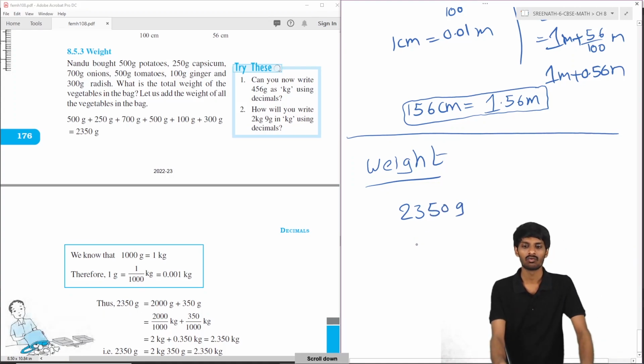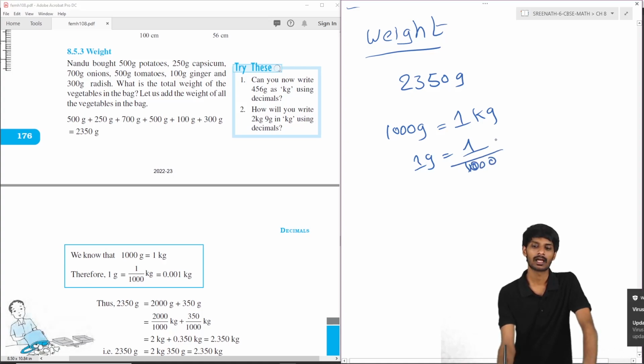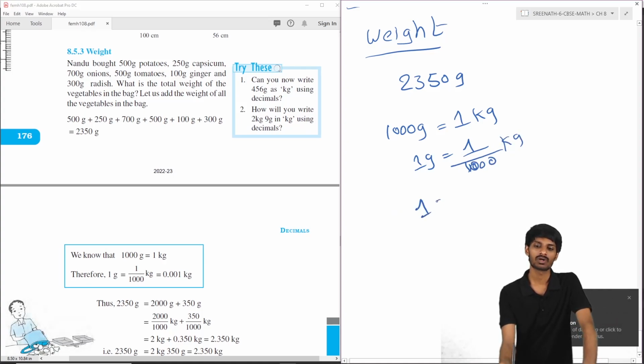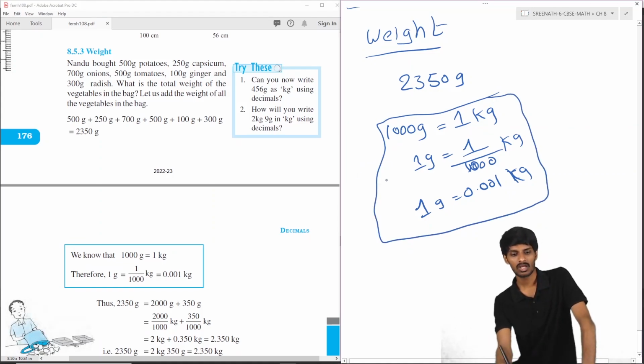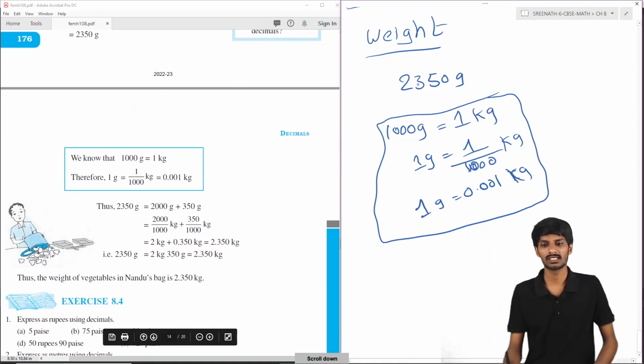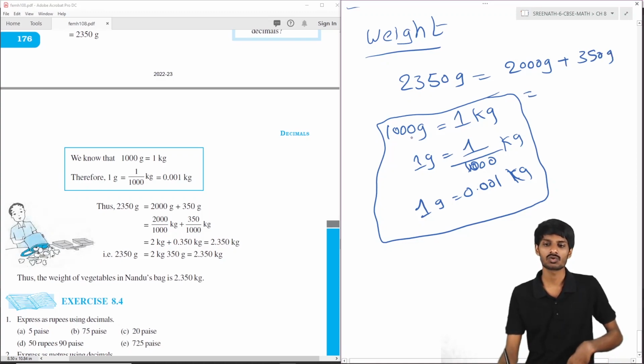But here one thing we have to know is that 1000 grams is equal to 1 kilogram. So 1 gram is equal to how much? That is 1 by 1000 kilograms, which means 1 gram equals 0.001 kilograms. This is the thing you have to remember. In terms of it, you can write 2350 grams as 2000 grams plus 350 grams. 2000 grams is 2 kgs.